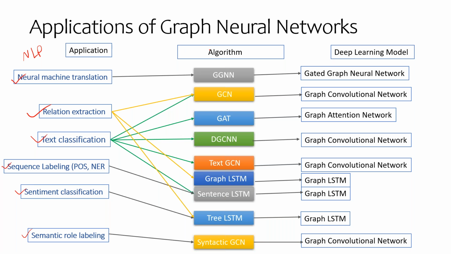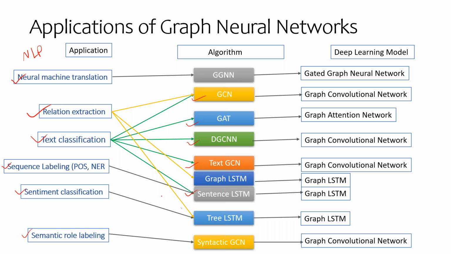Neural machine translation can be done with the GGNN, gated graph neural network. For relation extraction, we can use GCN, graph convolutional network, or text GCN, or tree LSTM. For text classification, we have a lot of options like GCN, GAT, DGCN, text GCN, and sentence LSTM.